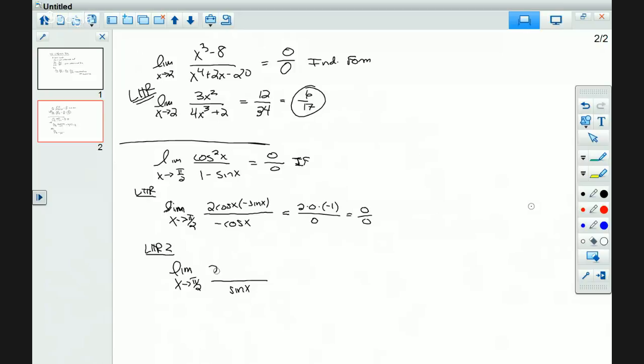So 2, derivative of the first, and then copy the second. Copy first, derivative of second. So ugly.